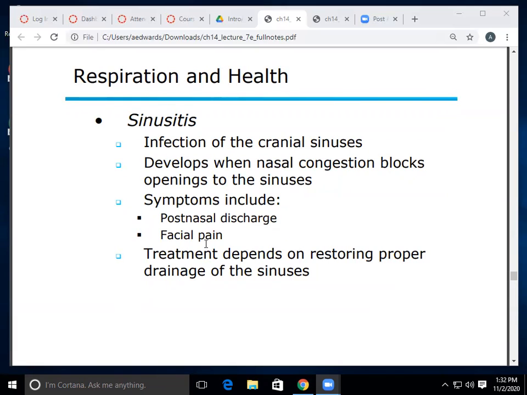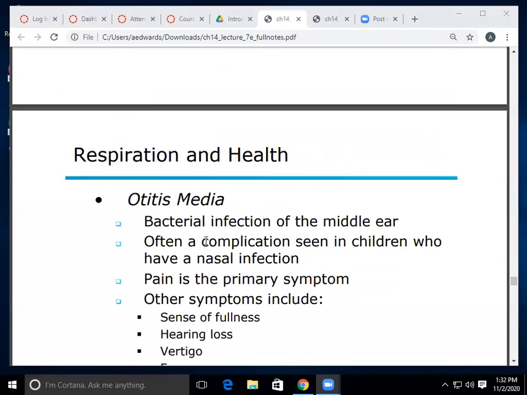Treatment is going to depend on restoring proper drainage to those sinuses in particular. So you have to be able to drain, get all of that congestion out of the sinuses.